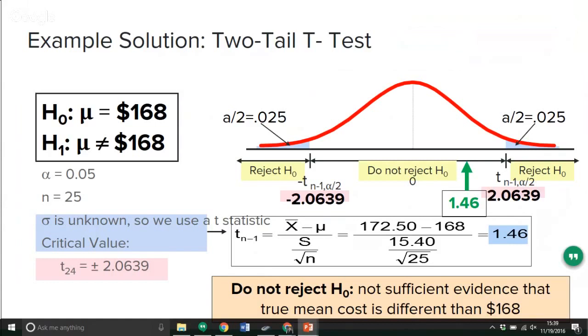Our data essentially showed that there is no significant difference, that if we were to hypothesize $168 was the average price of an Airbnb in New York, then if we took 100 samples of 25 rooms, 95 of them should show us that it is near 168, that it is not different than 168.